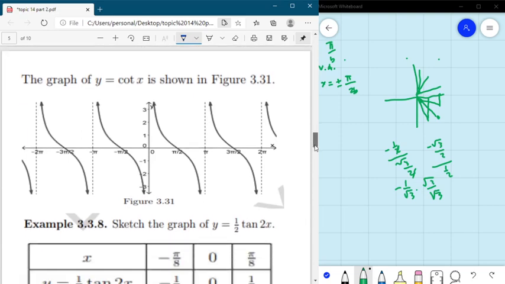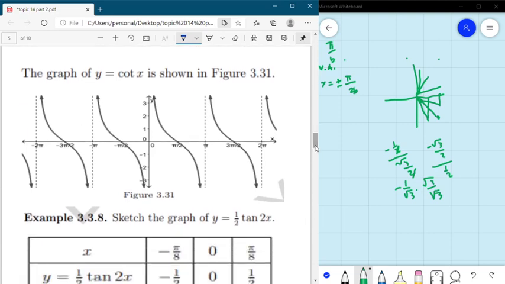In the same manner, the graph of y equals cotangent x is shown in figure 3.31. So, what you will do is the same. Its domain is x is a real number such that sine x must not be equal to 0, because it is cotangent. Meaning the sine is in the denominator and the denominator must not be equal to 0.